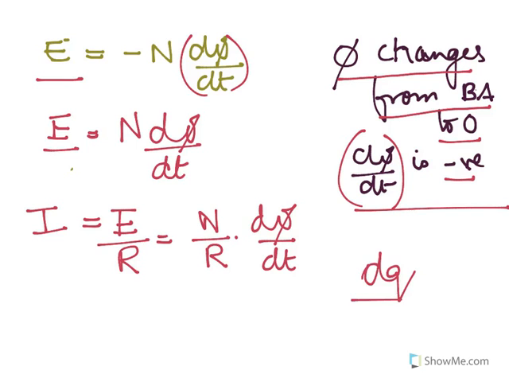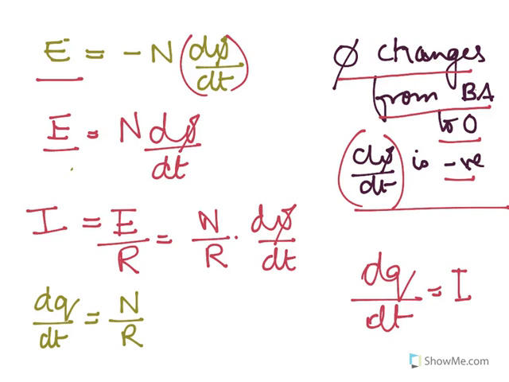We all know rate of change of charge is equal to current. So the same equation can now be written as dq by dt is equal to N by R d phi by dt, or we can write dq as equal to N by R d phi.